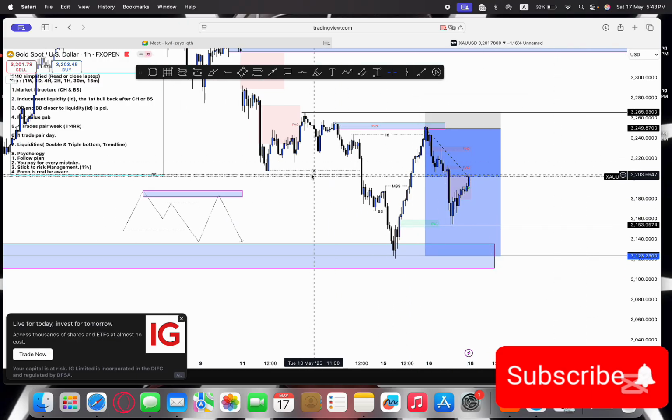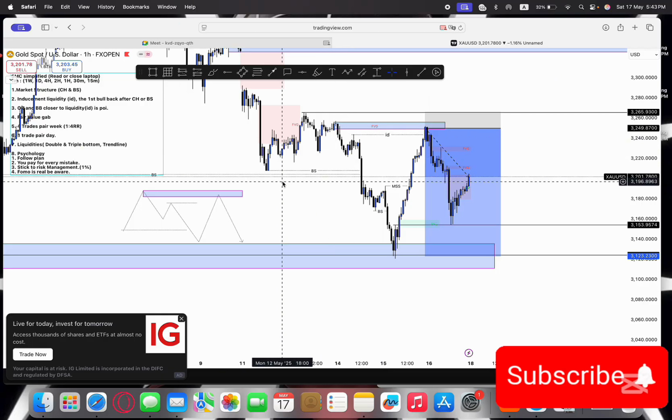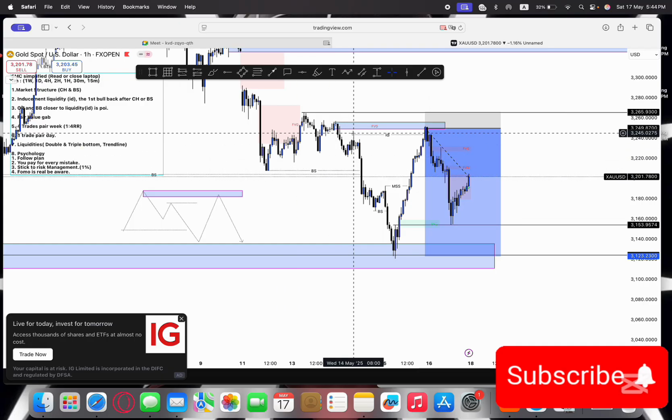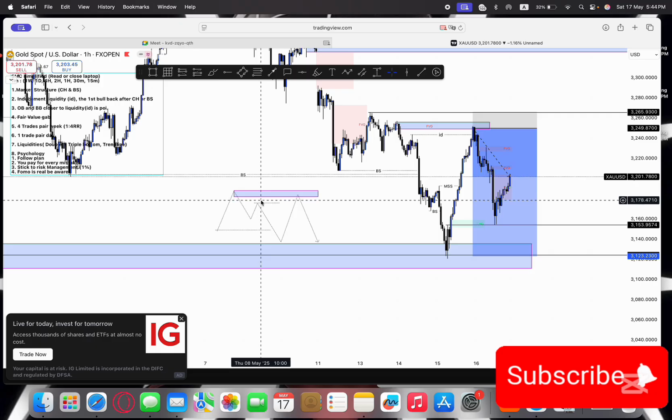If you can identify it, the names are not really necessary. If you can identify that this is a break of structure, this one is called structural inducement. The first pullback that caused the break of structure, the swing high that caused the break of structure. This is a perfect structure for it.